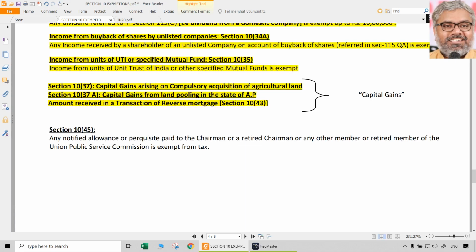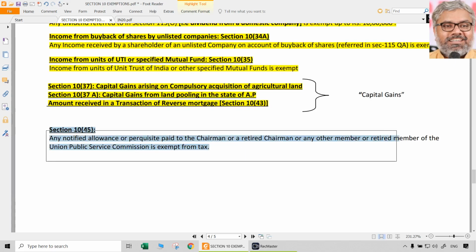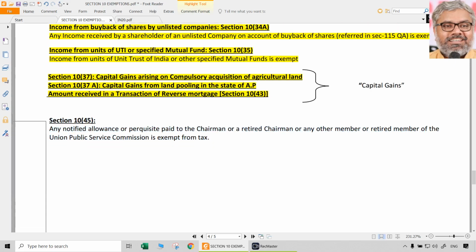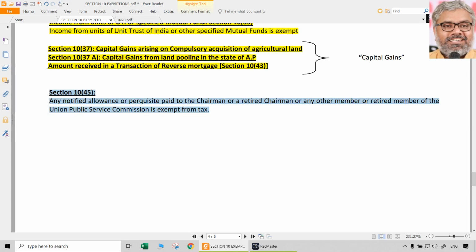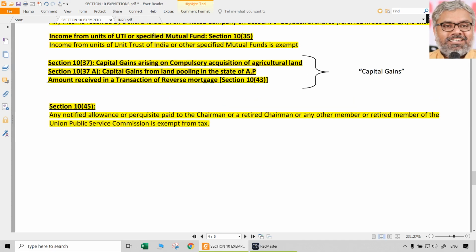Then 10(45), naturally our babus have given exemptions to their gurus, at least they showed that. Respect, any allowances or perquisites paid to the chairman or a retired chairman or a member or a retired member of the Union Public Service Commission is exempt from tax. Union Public Service Commission, UPSC, is the main body for conducting and selecting the administrators in India, IAS, IPS, IRS, etc. All these people are selected by UPSC.